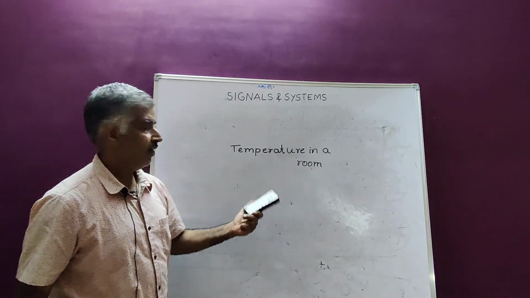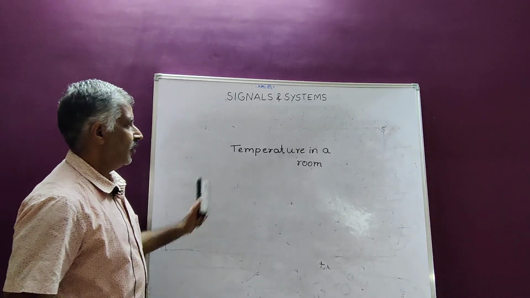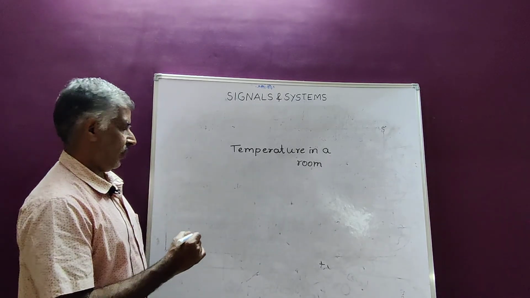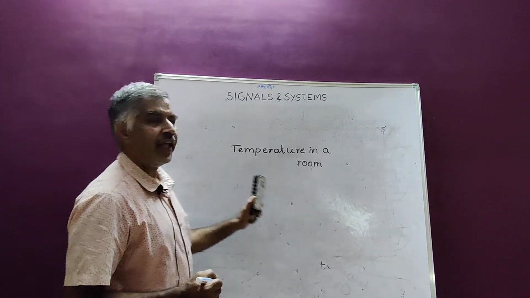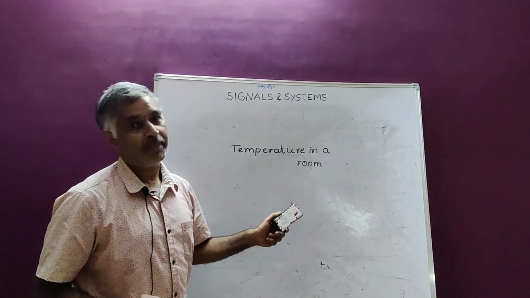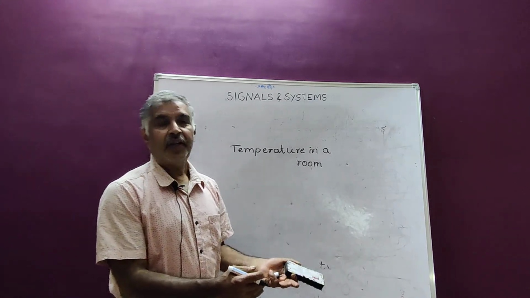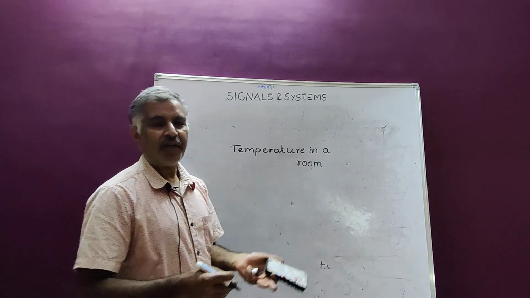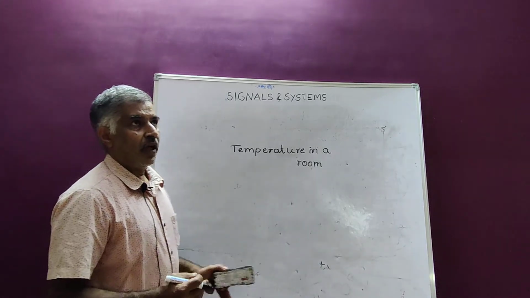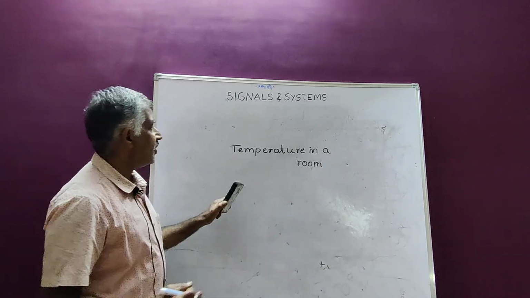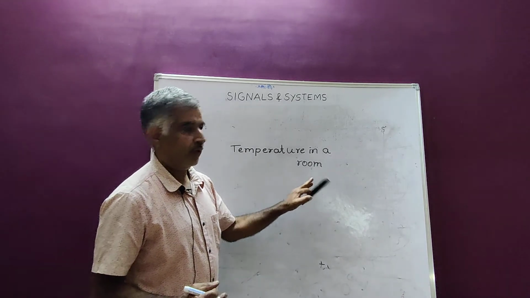It is bound by physical laws, hence it is called a physical variable. So, temperature in a room, on what factor does it depend? It is dependent on time, because the temperature in the morning, in the afternoon, or in the night differs. Hence, temperature in a room depends on time.